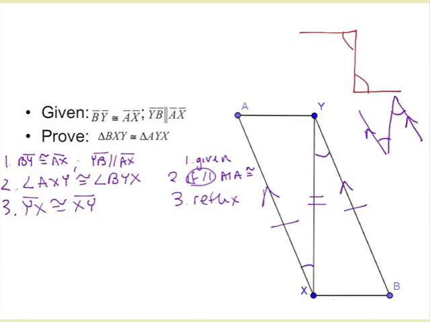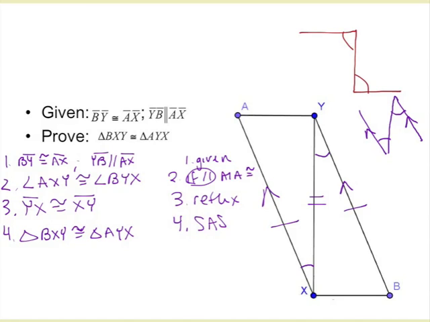So now I have 3 things marked as congruent in the triangle, so I can say the triangles are congruent. And which reason would it be? SAS. Because that's what we know. So we know 2 sides, and we know the angle that connects those sides.